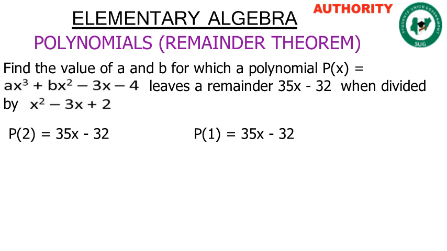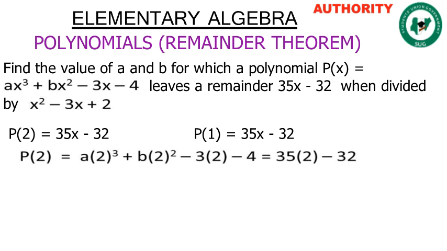The first one, we're going to have p of 2. So in p of 2, we're going to replace x with 2 anywhere it appears. In our function, wherever x appears, we replace it with 2.